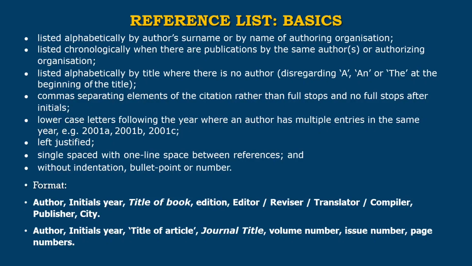Commas separate the elements of the citations rather than full stops. No full stops after the initials. Lowercase letters follow the year where the author has multiple entries in the same year. Left justified. Single spaced with one line space between the references without any indentation, bullet point or number.